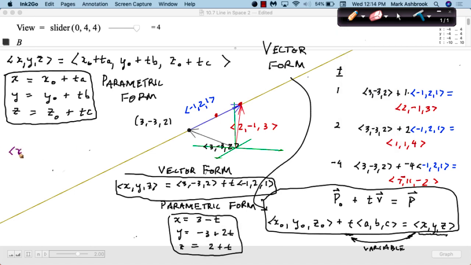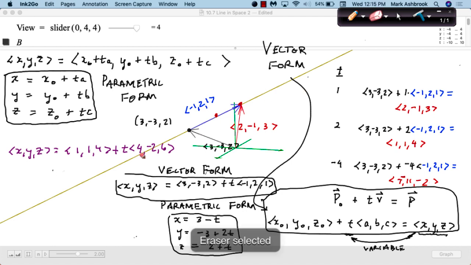Okay, how about xyz equals (1, 1, 4) plus t times (-2, 4, 2)? That's what I meant.